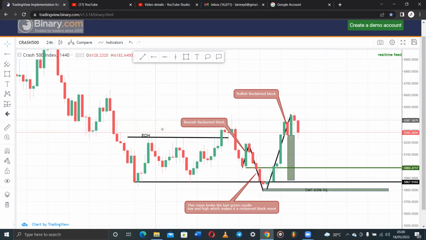Above this equal high, we have liquidity outside of this range, like here and here. We have a lot of liquidity. Liquidity means where others are. And then in between, we have low liquidity compared to outside.